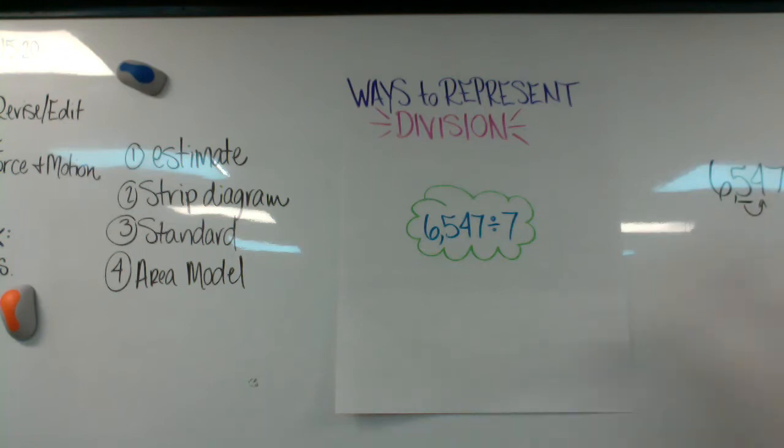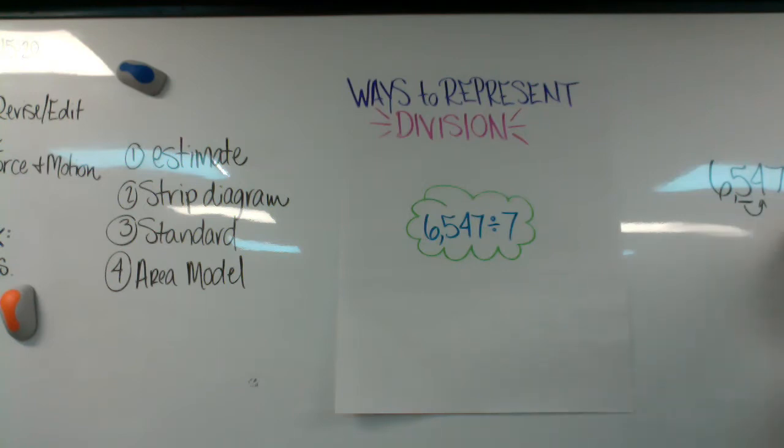Can 65 be divided by 7 and come out even? Actually, no. It should be the thousands place. Because if I do 65 divided by 7, I'm going to have a remainder, because the closest thing would be 63, because 63 divided by 7 is 9.